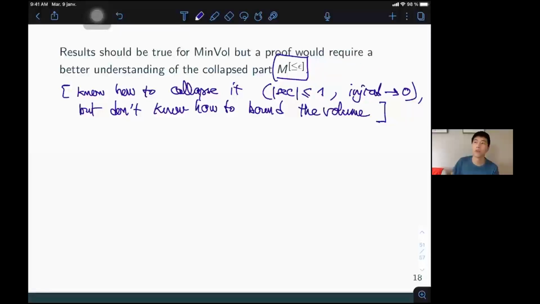But when you think about that, then actually you don't know enough about the collapsing part. So I don't think I know a general restriction about this thin part, especially when you're not in complex geometry.